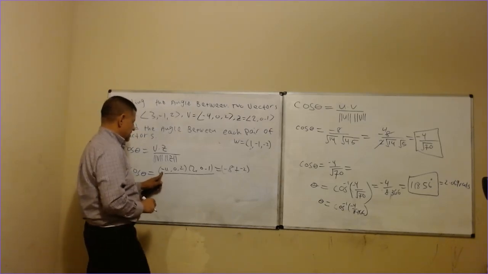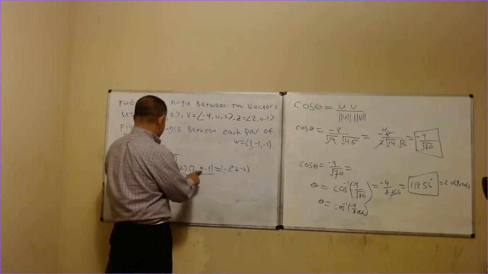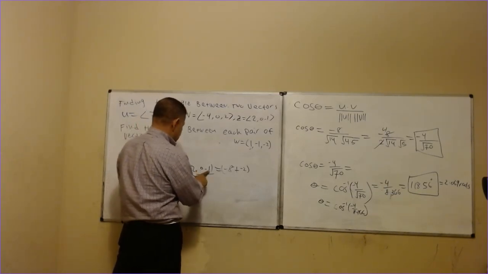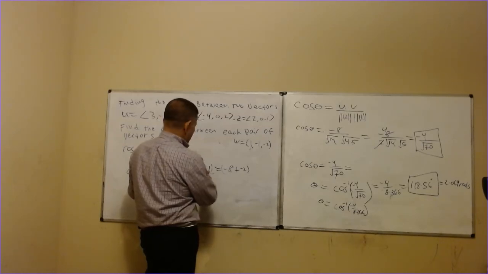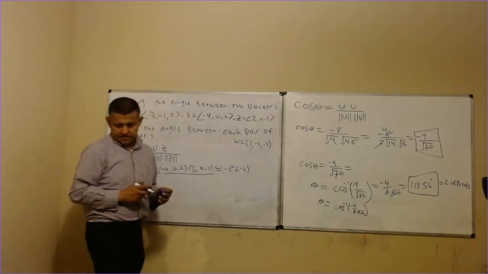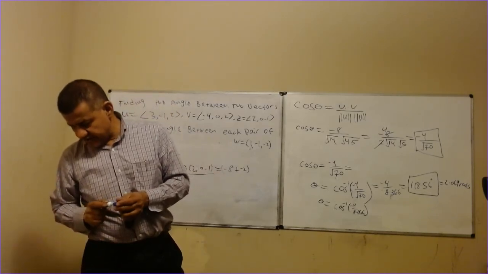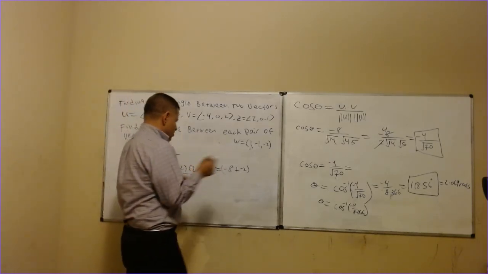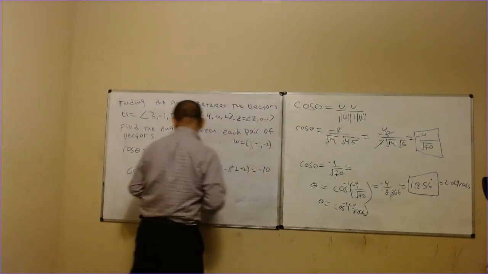So this and this give me negative 8. This and this is obviously 0. This and this is negative 2, which is going to be negative 10. So it's negative 10. Okay, that's fair enough. That should be negative 10 on top.